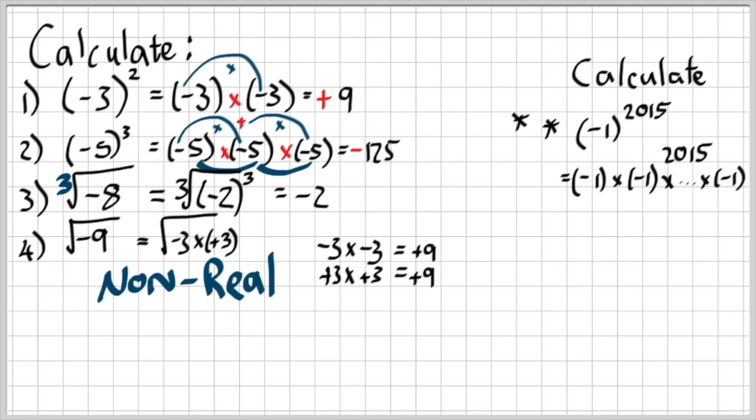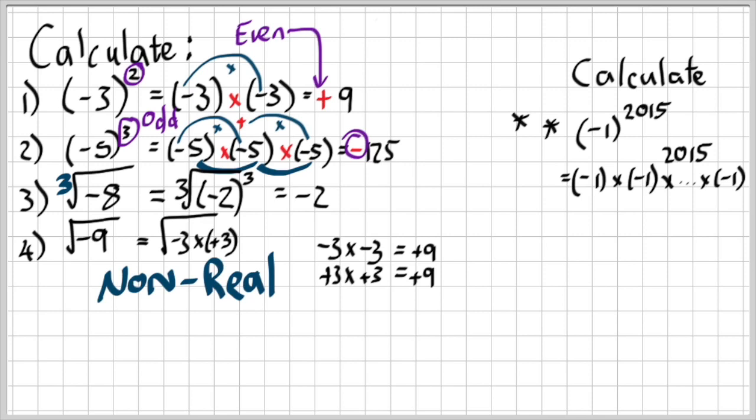In number 1, when my power was even, my answer ended up to be a positive. Is it a coincidence? Definitely not. In the second one, my power was odd, and therefore, my exponent was odd, it ended up to be a negative.